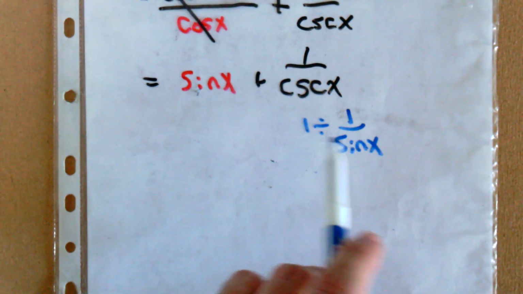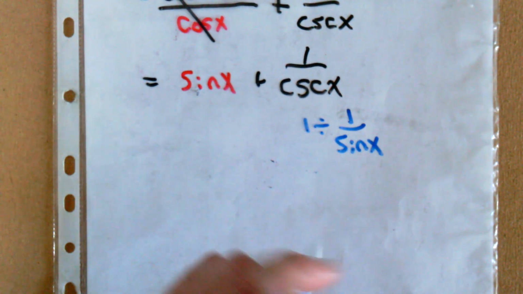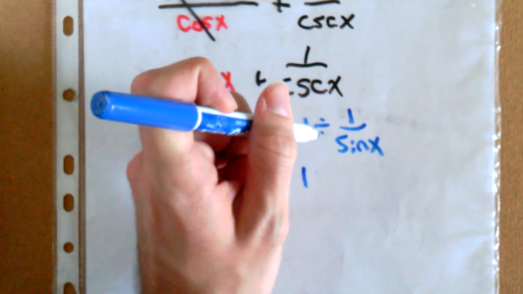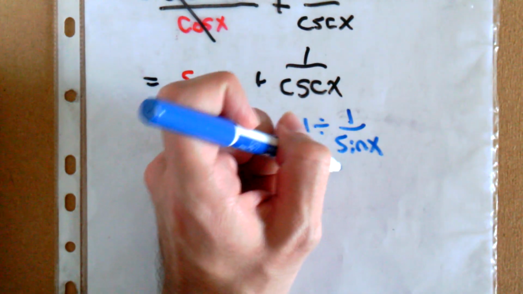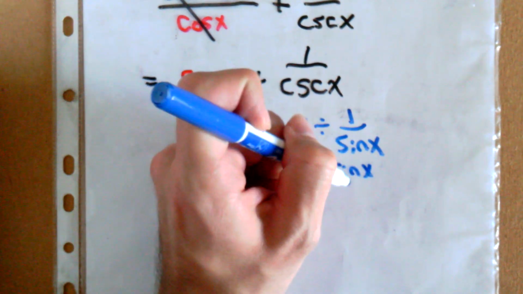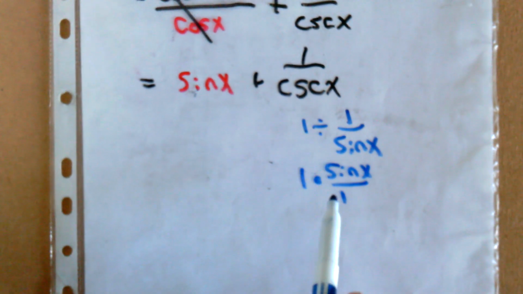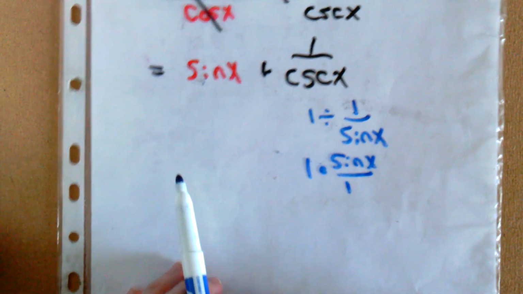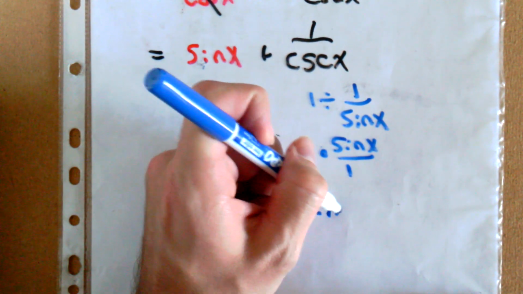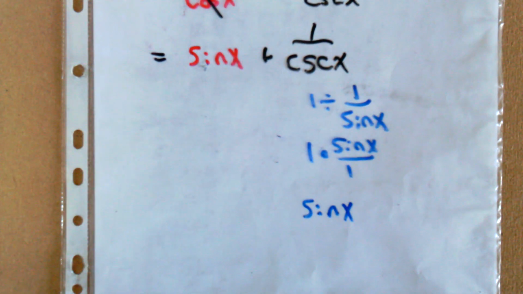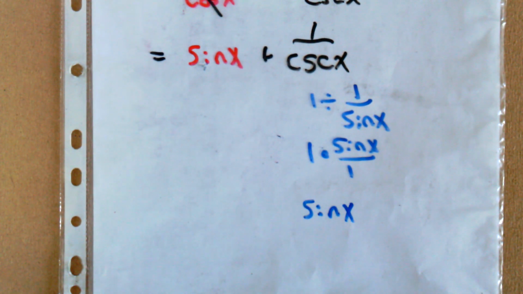Or as in Delta Math, keep, change, flip. So we keep the first term, change the division to multiplication, and we flip the fraction to sine over 1. And sine over 1 is the same thing as sine. 1 times sine is just sine. So that becomes sine. We'll go ahead and bring down our other one.